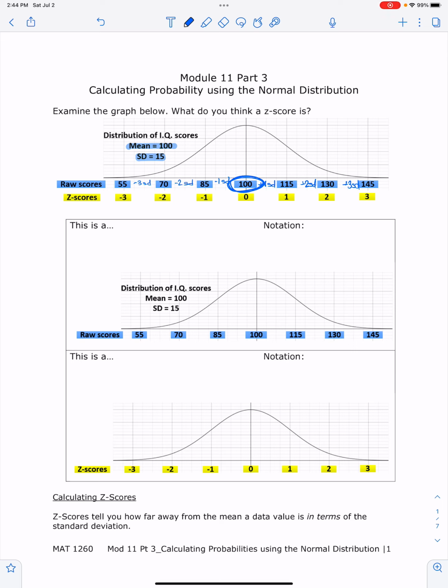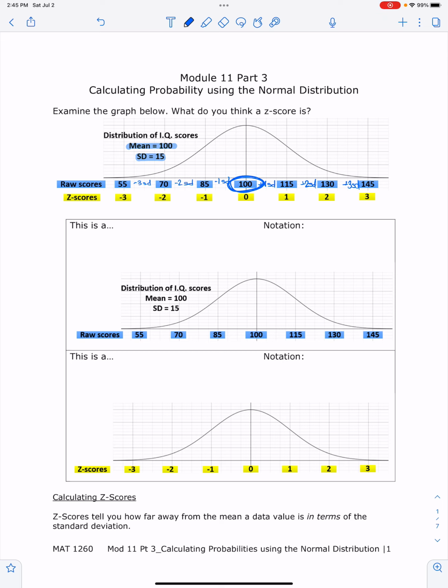You notice we're looking at the raw scores here. So we've got an IQ mean of 100, 1 standard deviation above the mean is 115, 1 standard deviation below the mean is 85, and we've talked about what that means before.